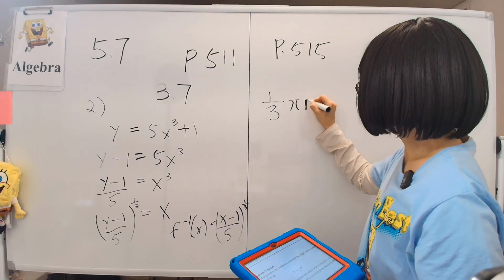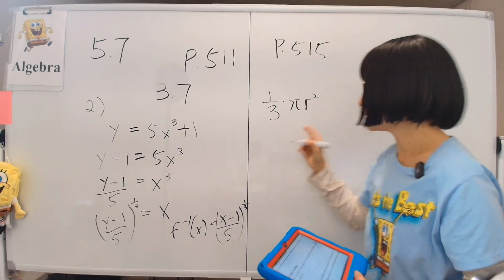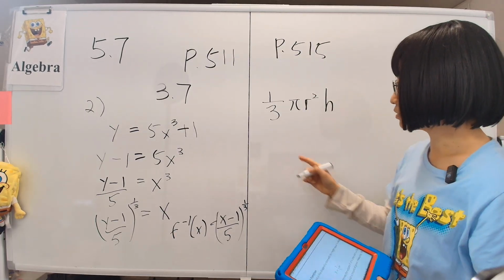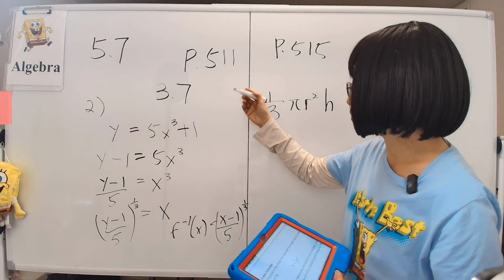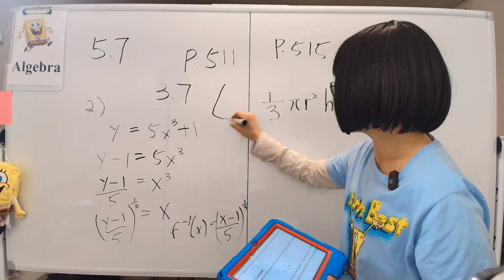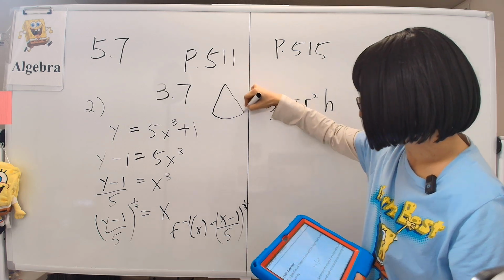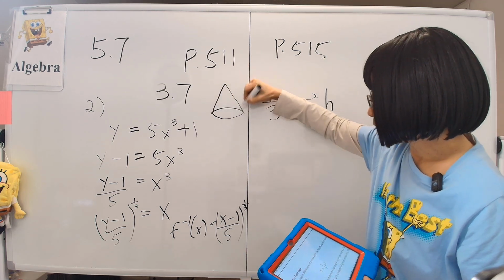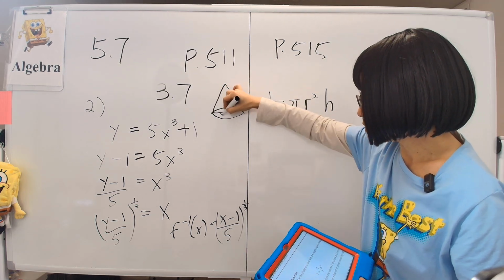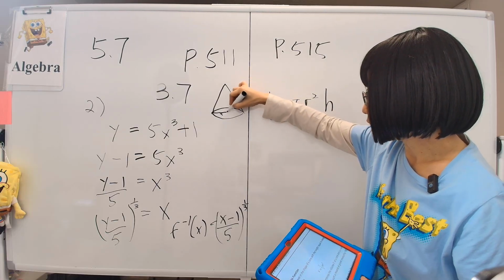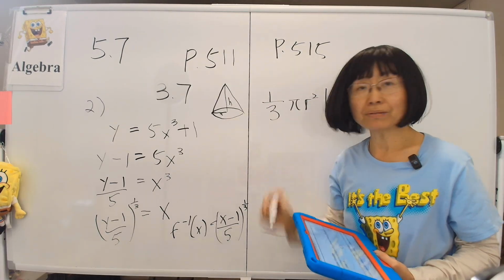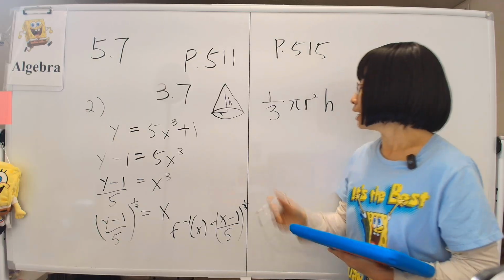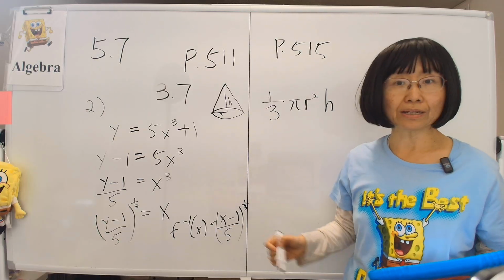Pi r squared is the base area of the cone, and h is the height of the cone. Please memorize this. Write that down in your notes, in your cheat sheet or something. This is the radius r, and the height of the cone is h. The formula of a cone should be memorized, because we do use it quite often.